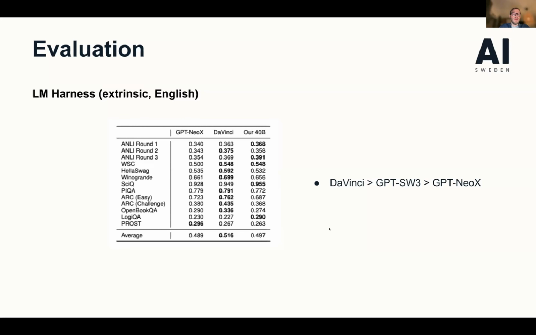But one also has to keep in mind here that we kind of compare apples and oranges because the model sizes of these three models are different. In particular, GPT-NeoX is only a 20 billion model, whereas we're talking about our 40 billion model here. But that was certainly reassuring for us that our model, even though its primary target language wasn't English, performs rather well in English as well.